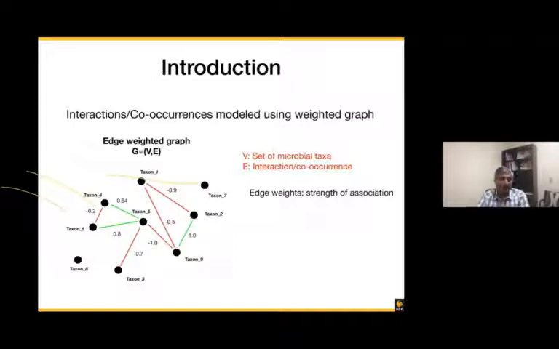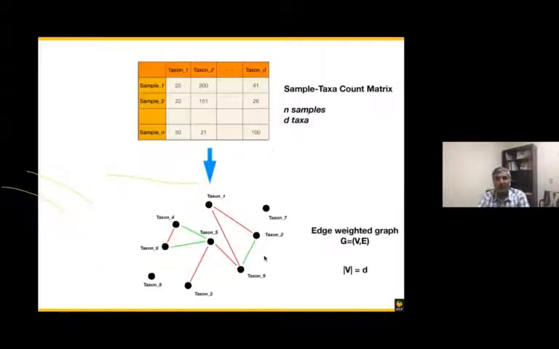You're collecting samples at different snapshots, and from these samples we can of course estimate relative genome abundances. Using that information, can we then tease out what this graph structure looks like? That's the goal. So this is what we start with, these sample-taxa matrices, and this is our goal, to be able to infer these networks.